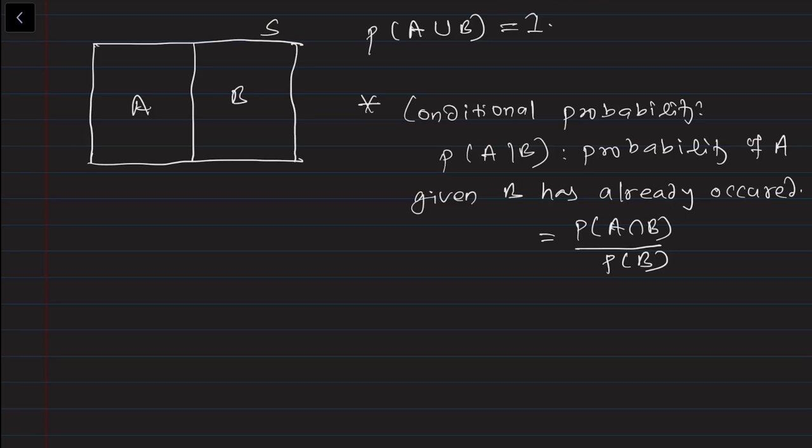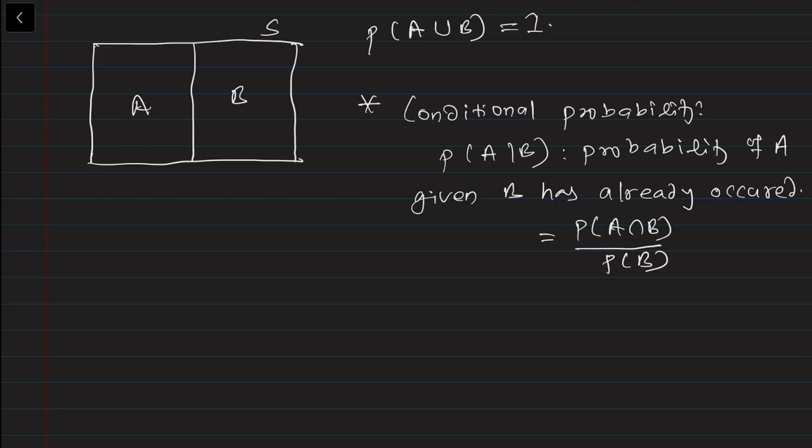Like in insurance companies, actuaries usually calculate the death probability of an individual before a certain age, given that their age has already passed certain limits.